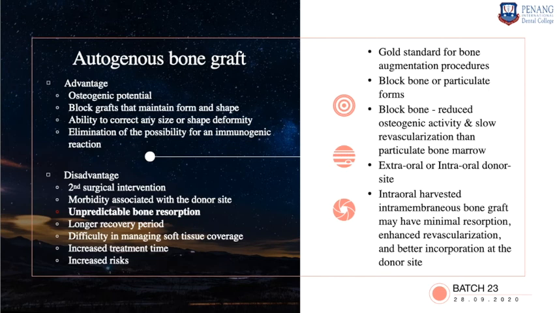Since a block graft has the organic material embedded inside the inorganic material, the osteogenic activity will be less compared to a particulate graft, because in a particulate graft we have already crushed it into pieces, so the organic components have been exposed, which gives a better osteogenic potential compared to a block graft.